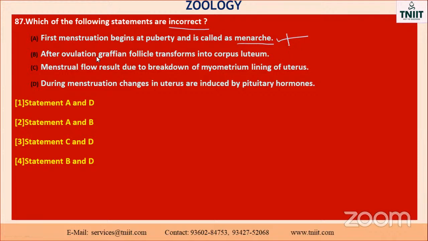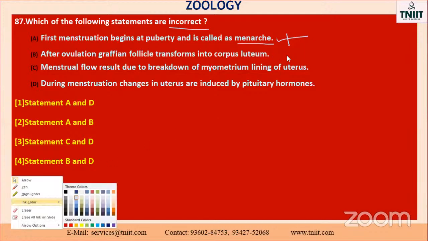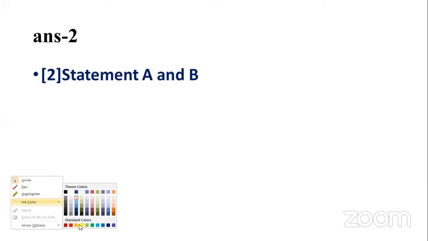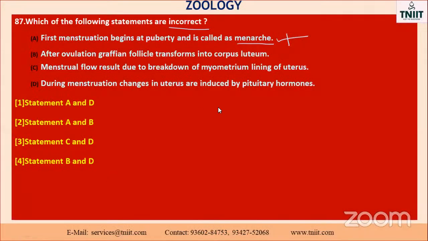And after ovulation, this is called puberty. Okay, puberty, and it is called menarche or menopause. So after ovulation, the Graafian follicle transforms into the corpus luteum. It is also a wrong answer. Okay. So what about the next one? So this one is also. Okay. So this one.